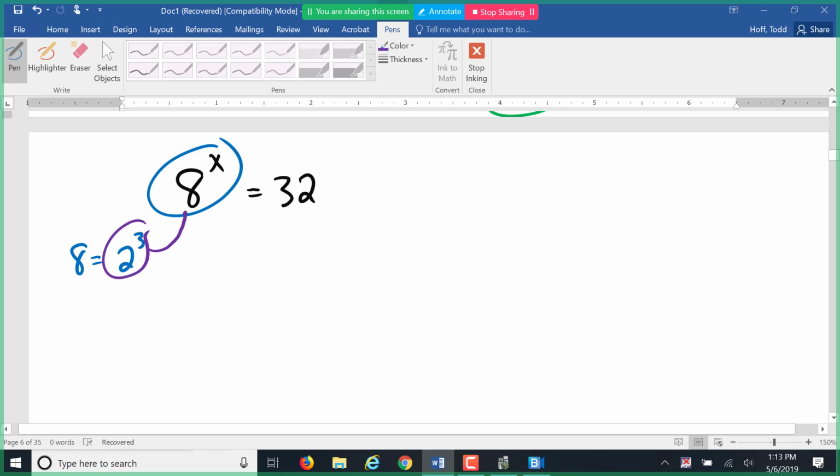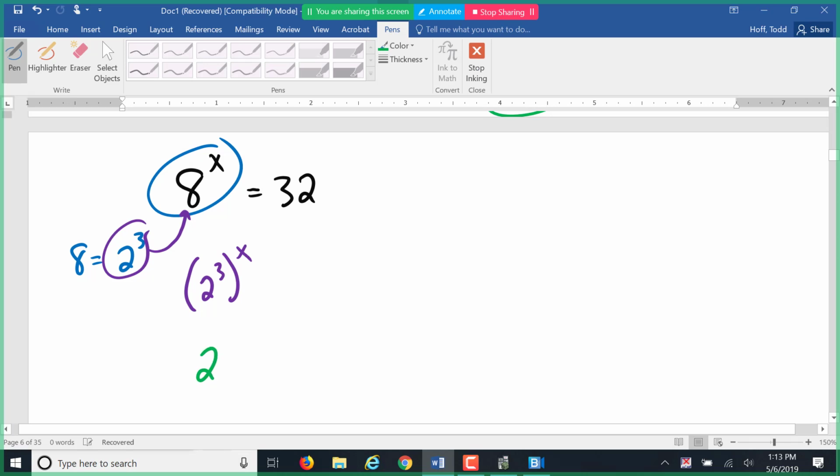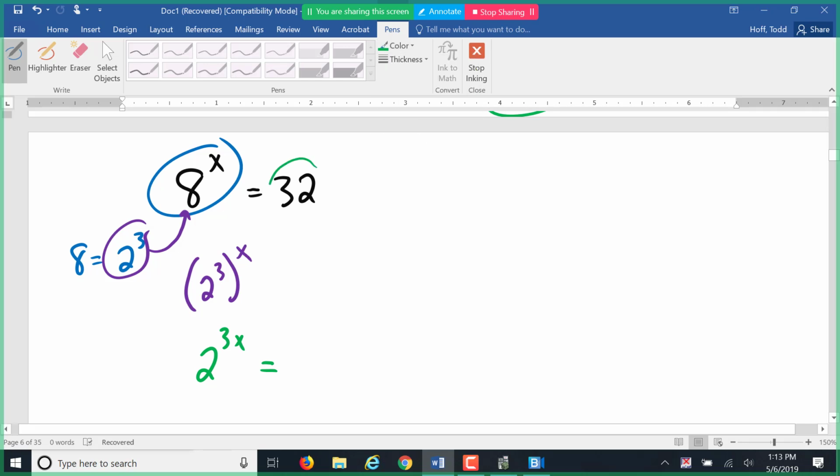So if I can put that in here where the 8 is, instead of 8 to the power of x, this is 2 to the third to the power of x, which is 2 to the power of 3x. 32, on the other hand, can be expressed as 2 to the power of 5.